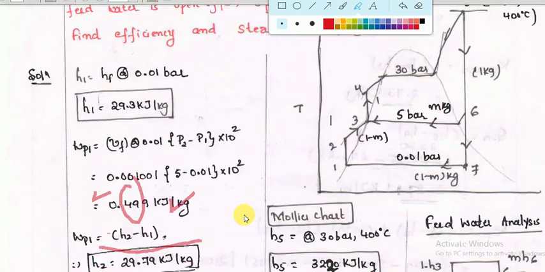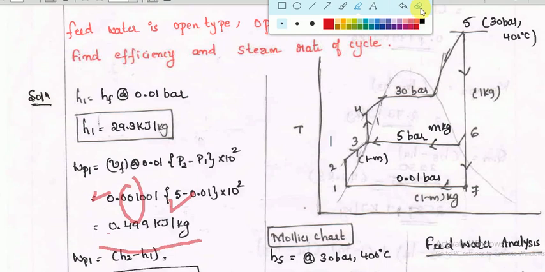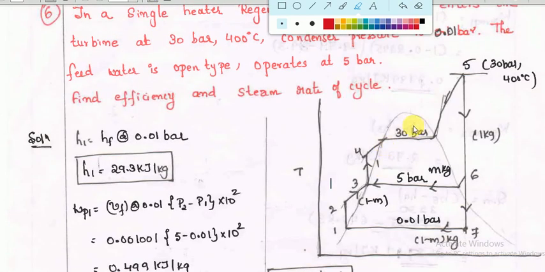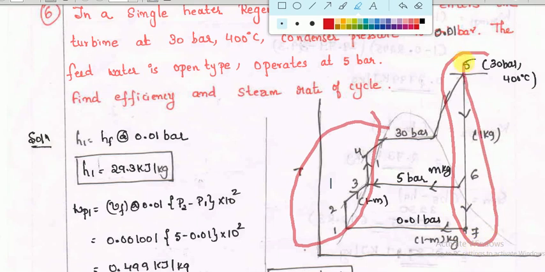After finding H4, we have found almost everything on the left hand side. Next we move on to the right hand side values, that is H5, H6 and H7.